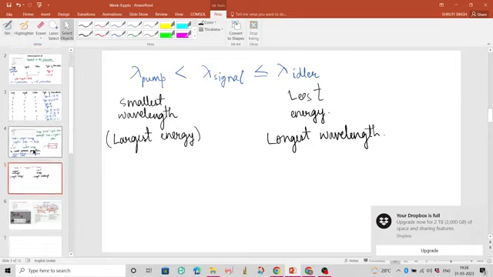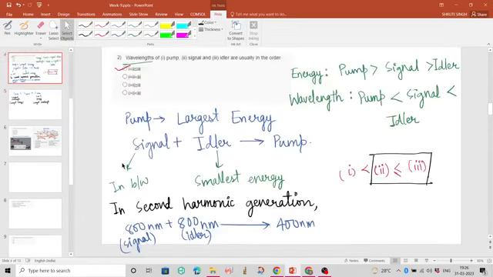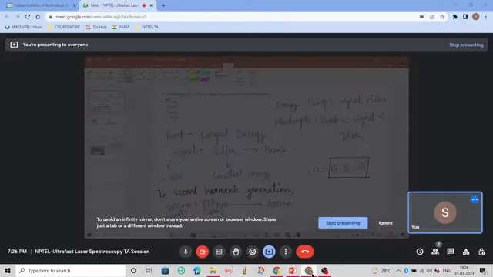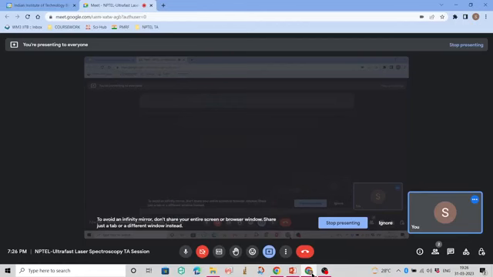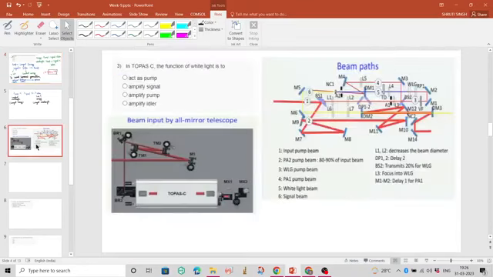So let's see the next question. The next question says, in TOPAS-C, the function of white light is to act as pump, amplify signal, amplify pump, amplify idler.